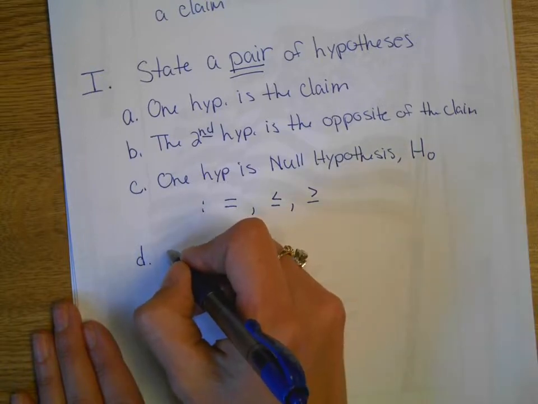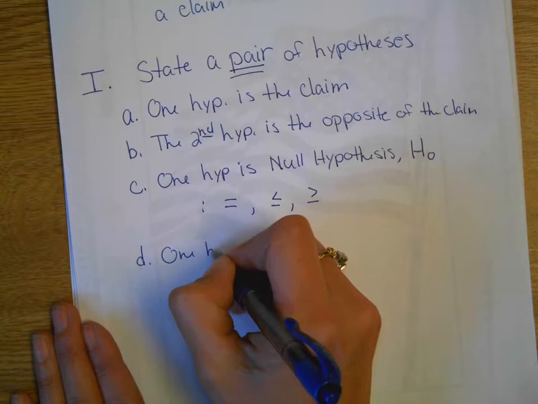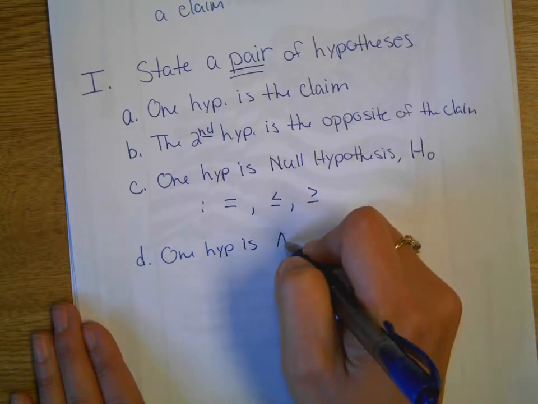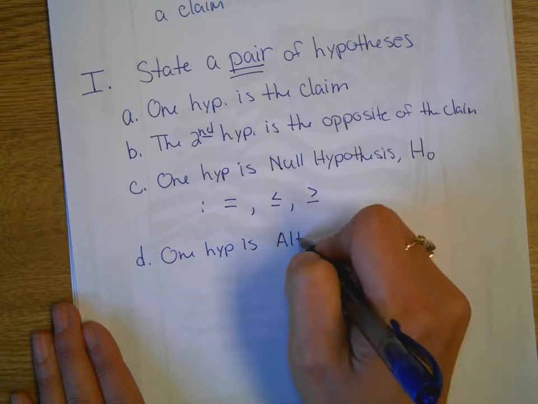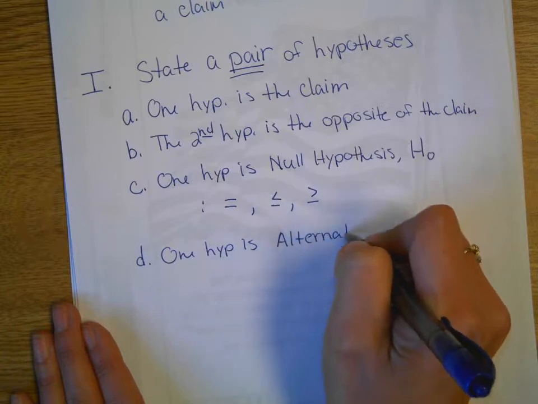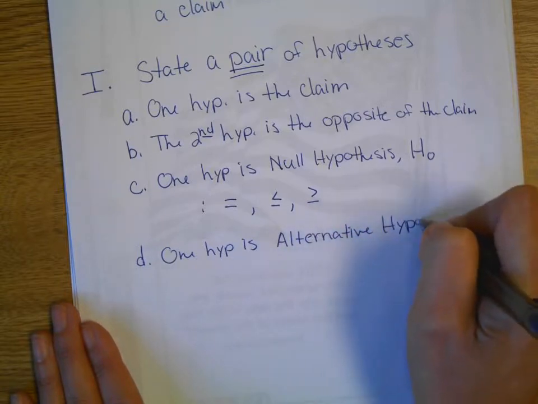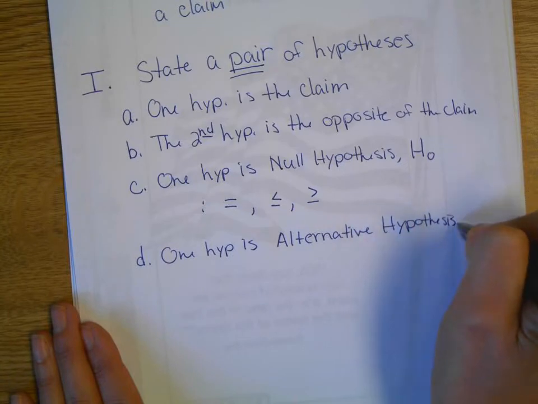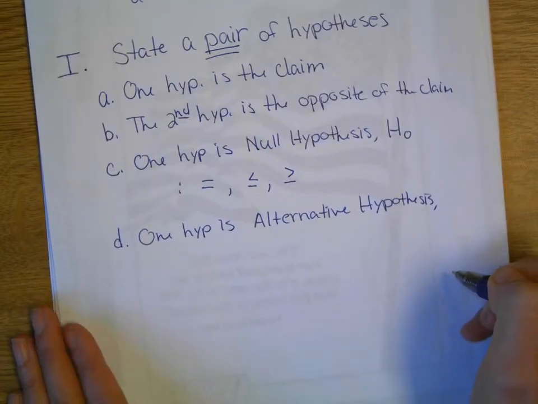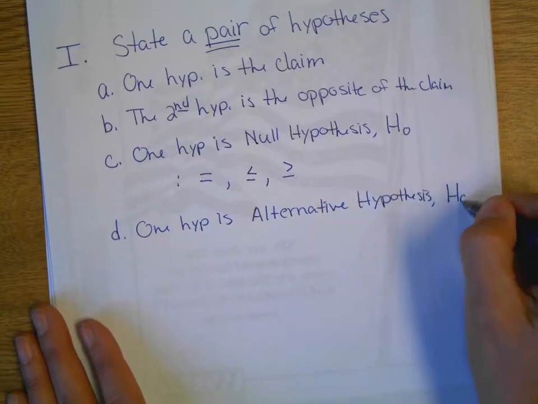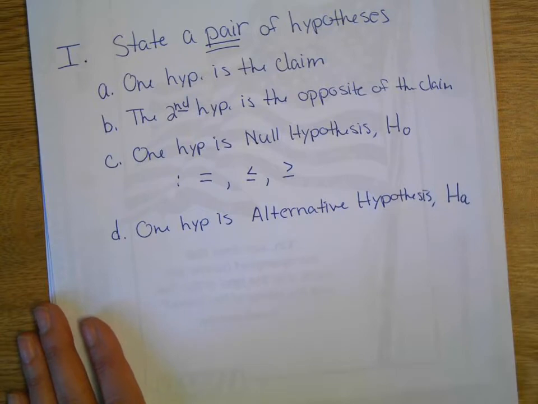And then the other hypothesis is called the alternative hypothesis. We're going to abbreviate this one H sub A. Like I said, they're going to be opposites of each other.